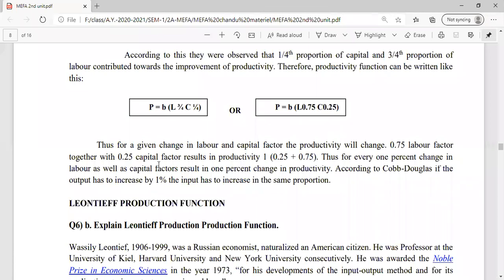I have to improve my capital by 25% and the labor by 75% to get the 100% improvement in the product. That means with 125 rupees of capital and a labor increase to 7 number of labor, I may be improving my productivity. Okay.